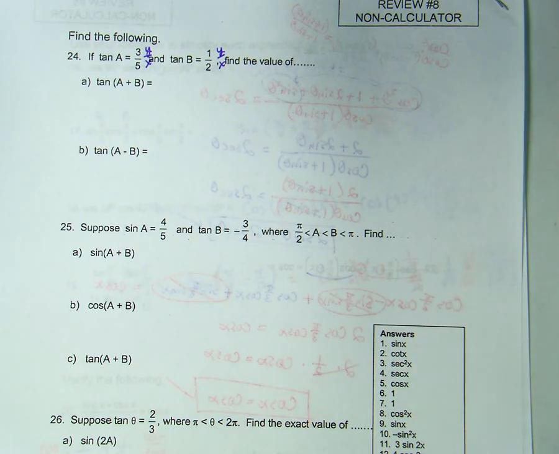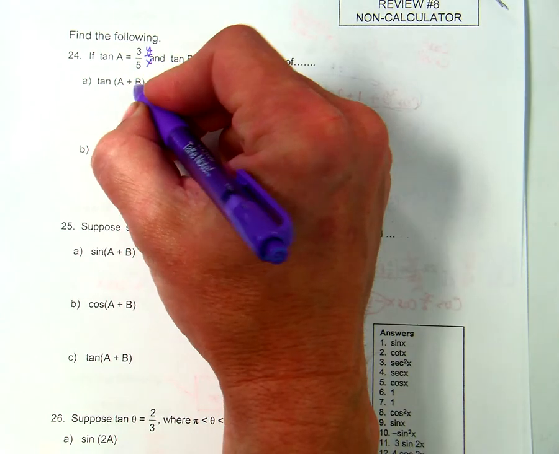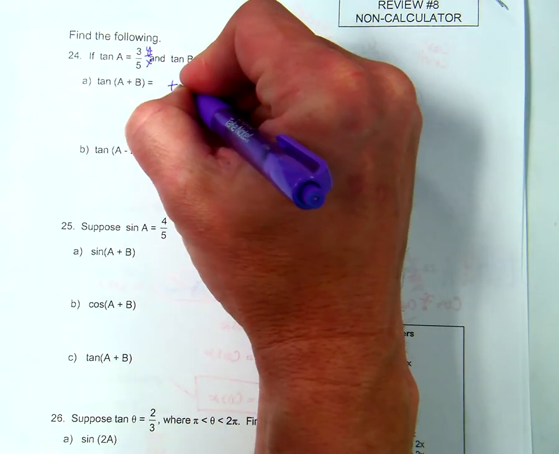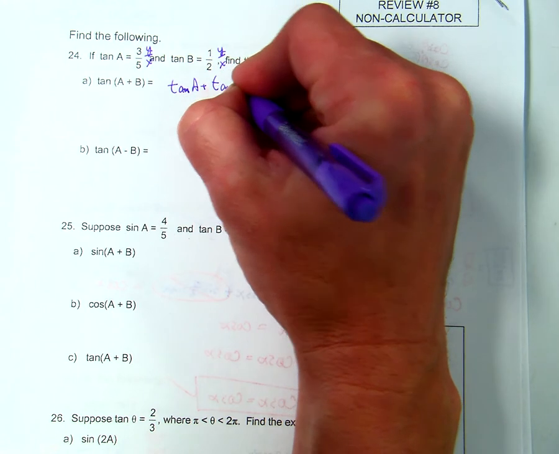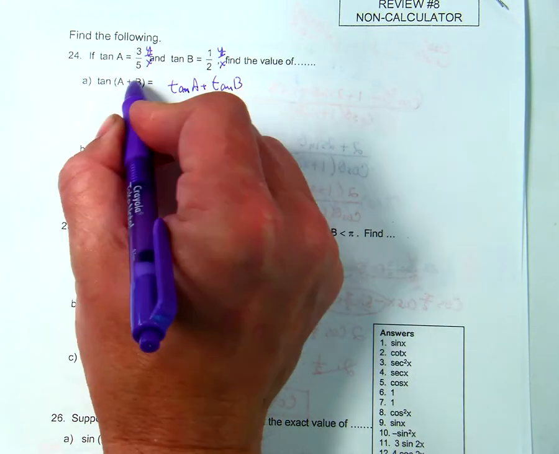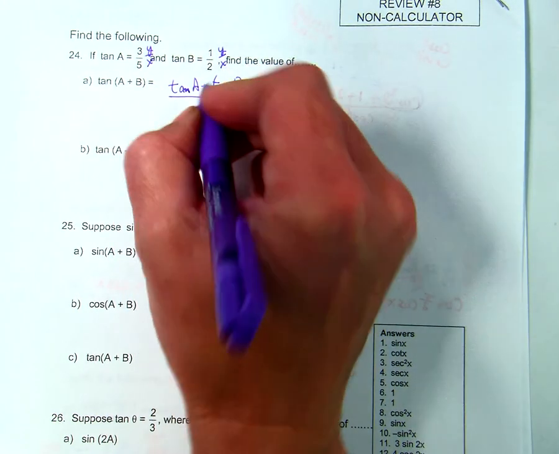And this is simply a sum and difference identity for tangent and plugging in the values once you have that form laid out. We know that tangent A plus B is tangent of A plus tangent of B. It's plus because the plus is what determines the top.